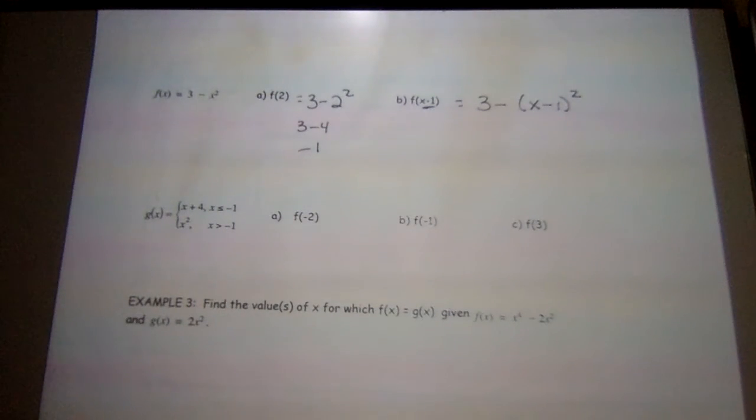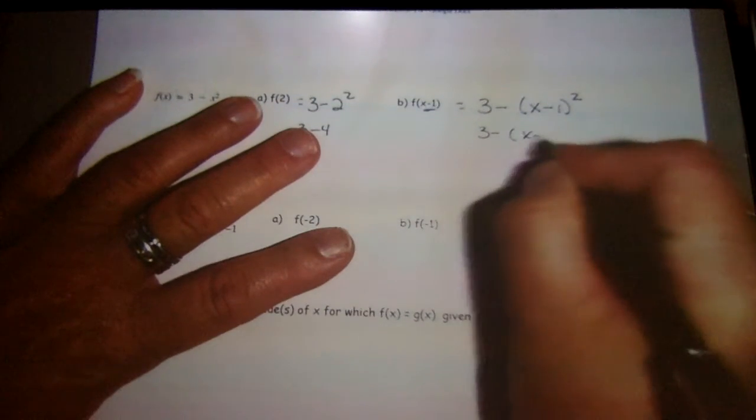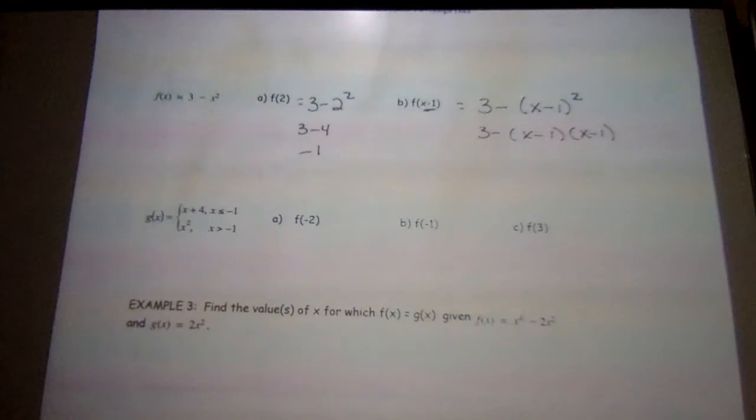How do I do x minus 1 squared? You put them beside each other, x minus 1 times x minus 1. Doesn't anybody want to tell me that it equals x squared plus 1?